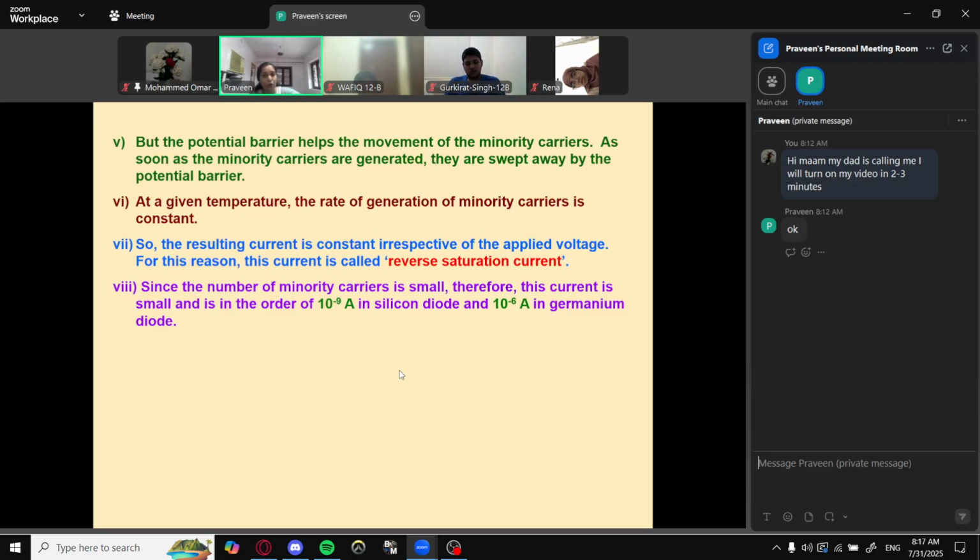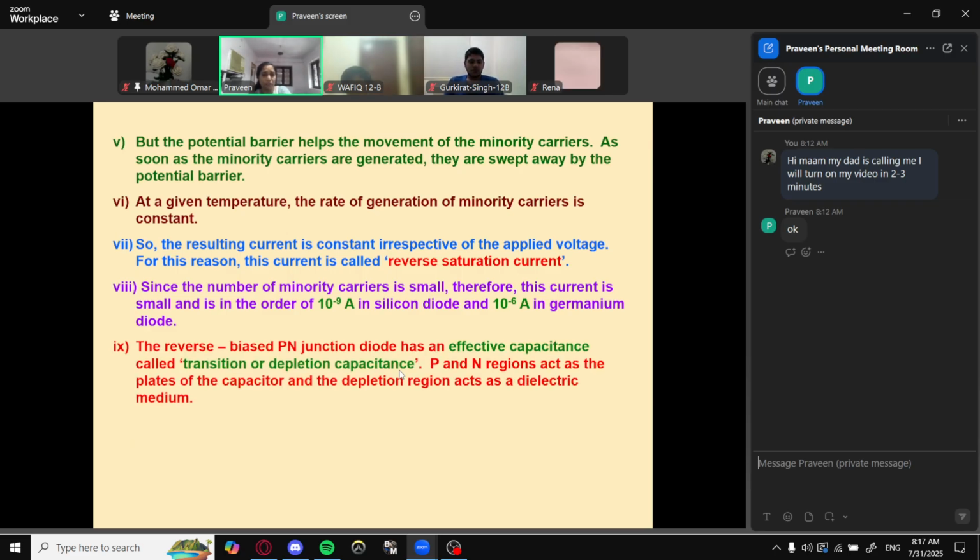This current will be almost constant and hence we call it reverse saturation current. The current is very small, of the order of 10 raised to minus 9 ampere in a silicon diode and 10 raised to minus 6 ampere in a germanium diode, meaning microampere current only. So we say that a reverse biased PN junction is not conducting.